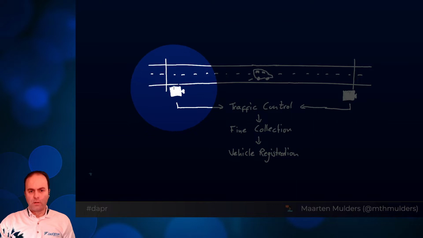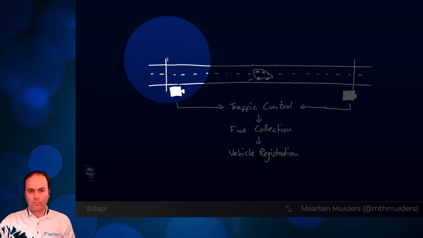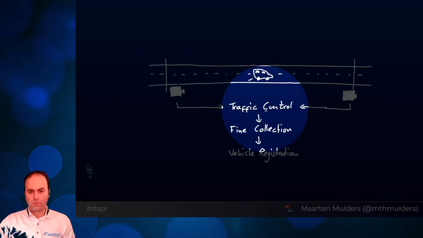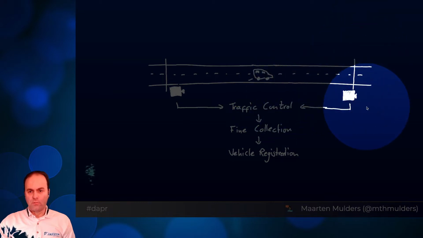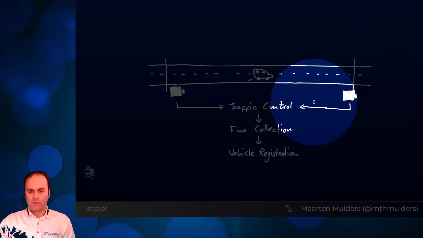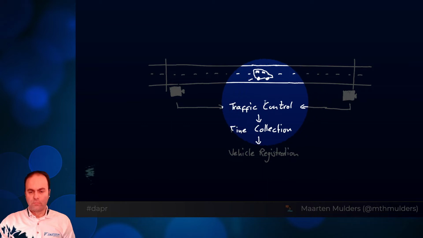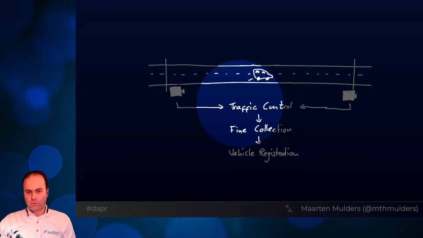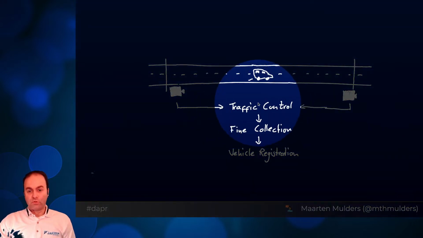Now, when I drive under the first one, my car is pictured, the license plate is scanned, and that is sent to a traffic control system. And when I pass under the second one, the same happens, and that's also sent to the traffic control system. The remainder of the diagram we will be discussing in a later stage. And this traffic control service is actually using a state store.